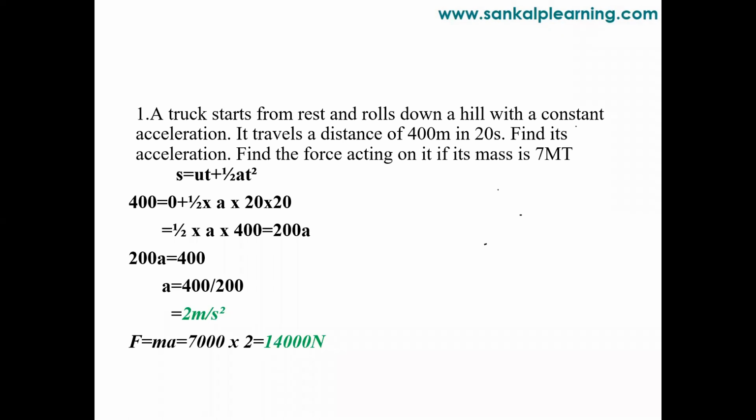Why will it stop, they are asking. The first option is the batsman did not hit the ball. The second option is velocity is proportional to the force. The third option is there is a force on the ball opposing the motion. And the fourth option is there is no unbalanced force on the ball, so the ball would want to come to rest. Here, students, option C, the third option, is the correct option.